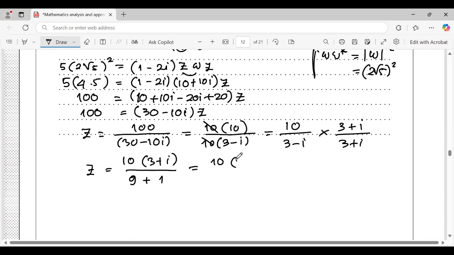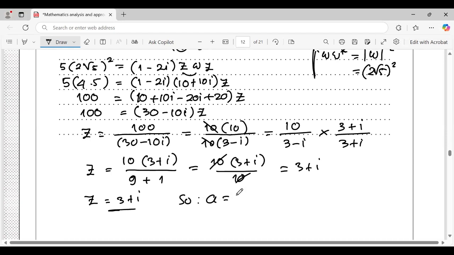It's 10 times 3 plus I over 10. It is 3 plus I. So Z equals 3 plus I. So it means A equals 3 and B equals 1.